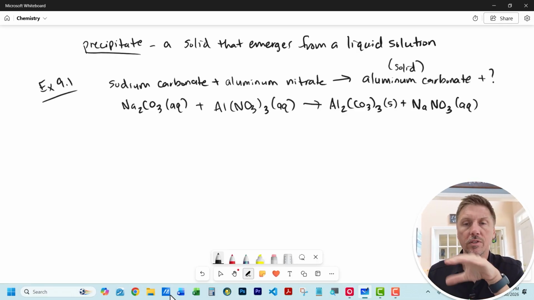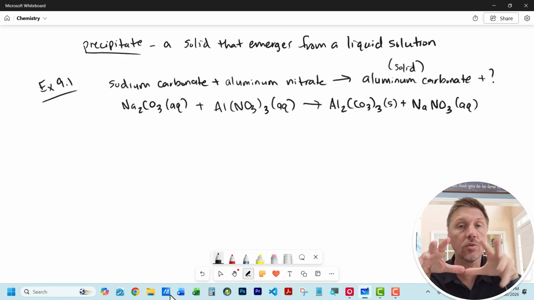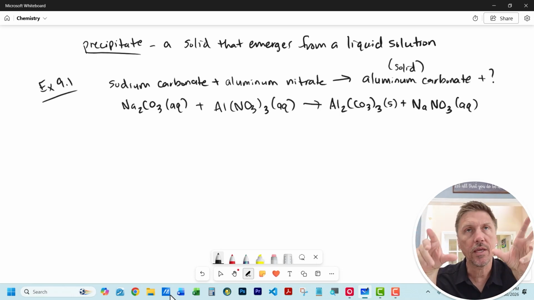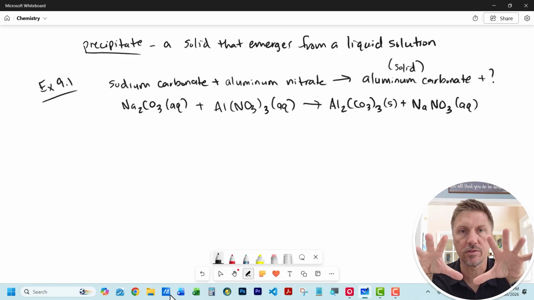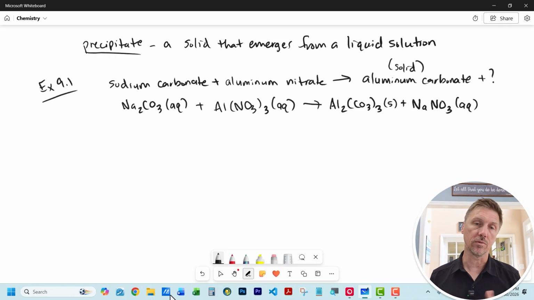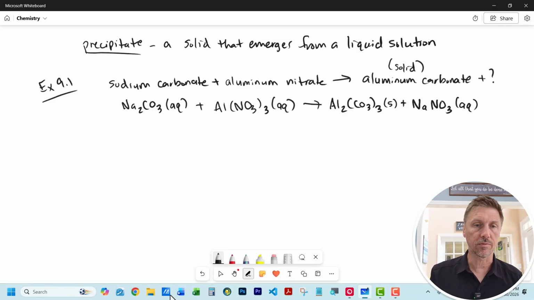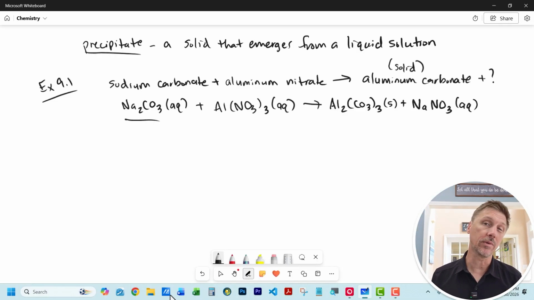So the first job is to write the chemical equation down, but then we're going to have to add the numbers to make sure everything's balanced. Now, the easiest way to do this is don't think about your polyatomic ions as their individual parts, right? We're used to counting each atom. So like for this first substance here, we notice that we have 2 Nas, we have 1 C, and we have 3 O's.